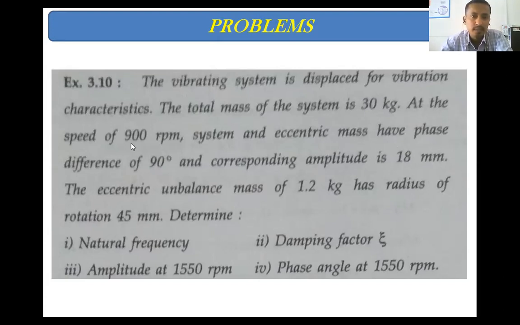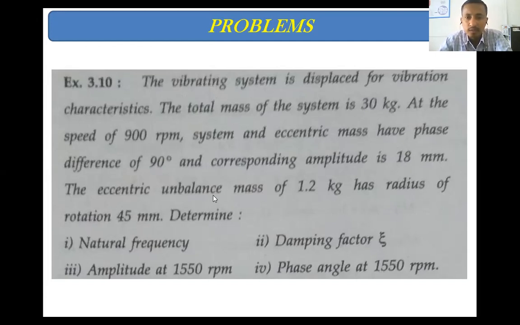System and eccentric mass have a phase difference of 90 degree, that is phase angle phi is equal to 90 degree, and the corresponding amplitude is 18 mm.